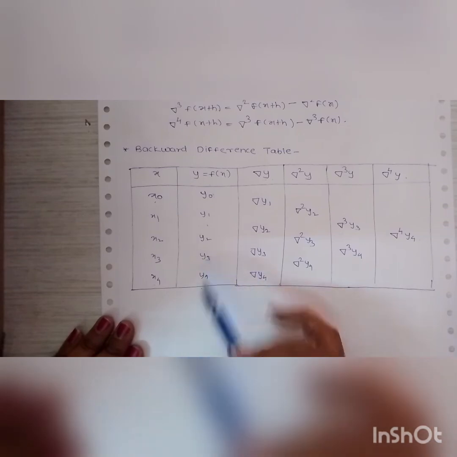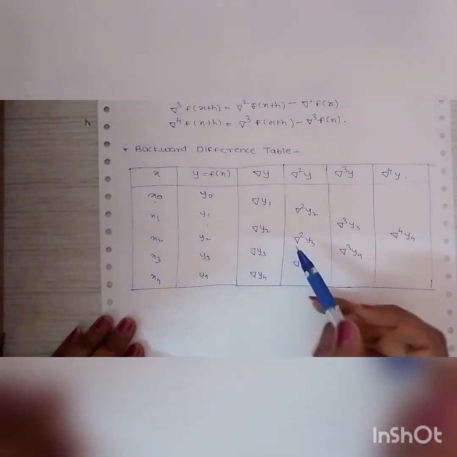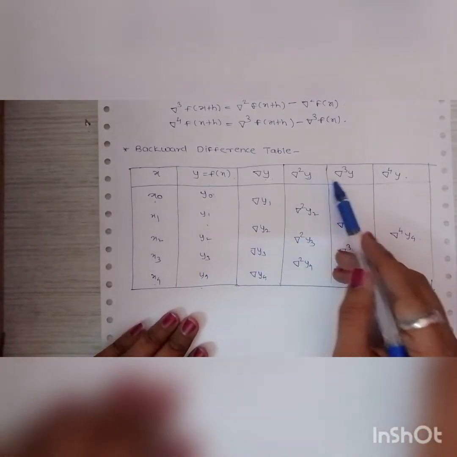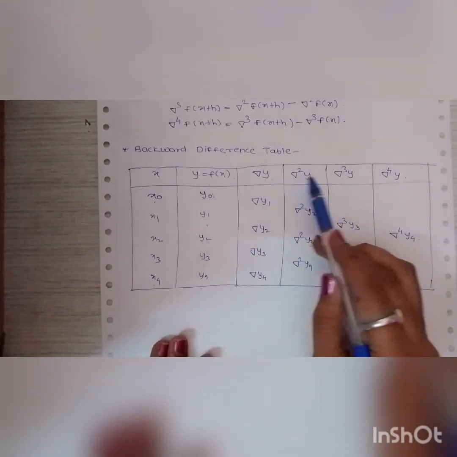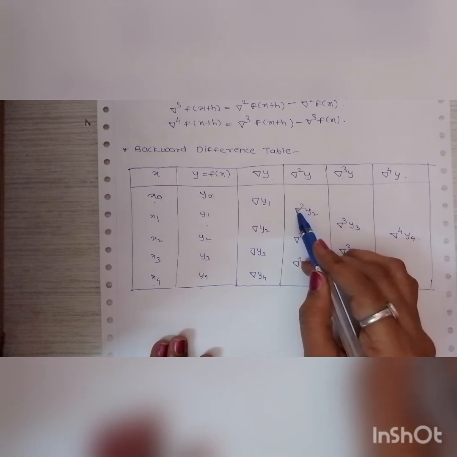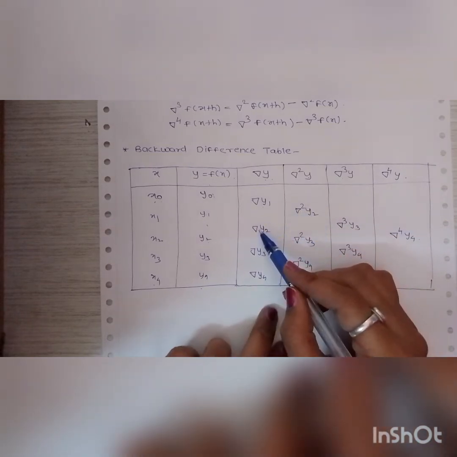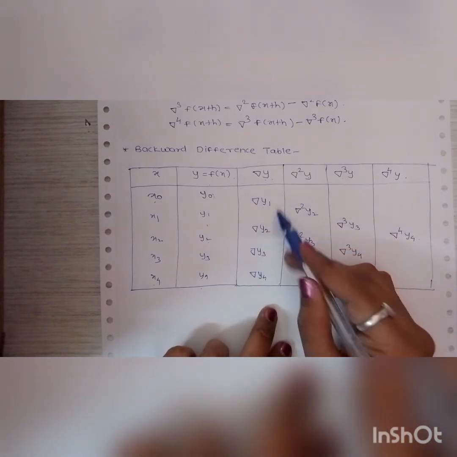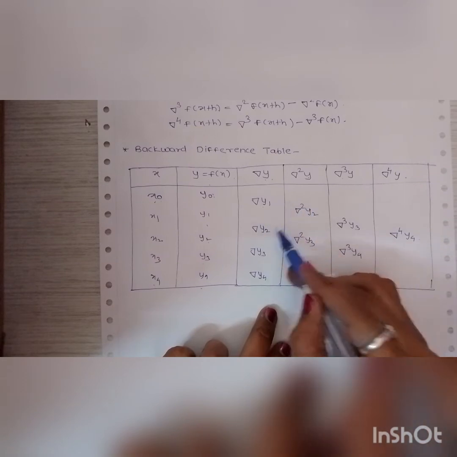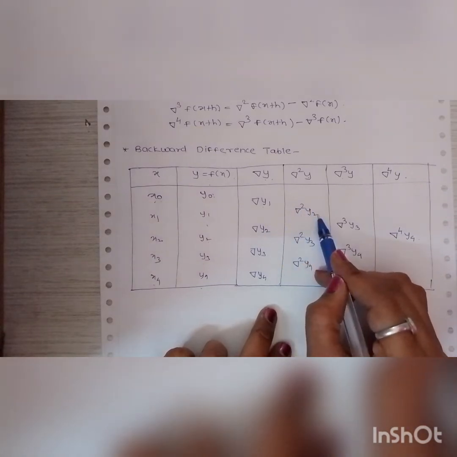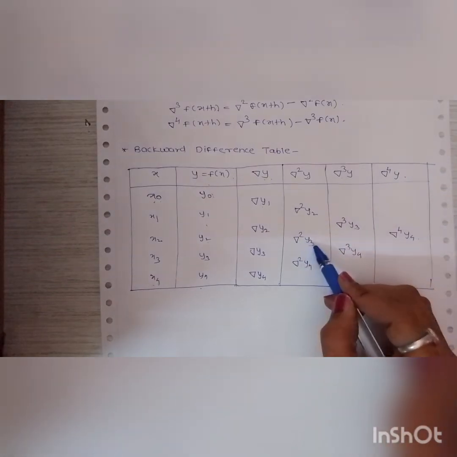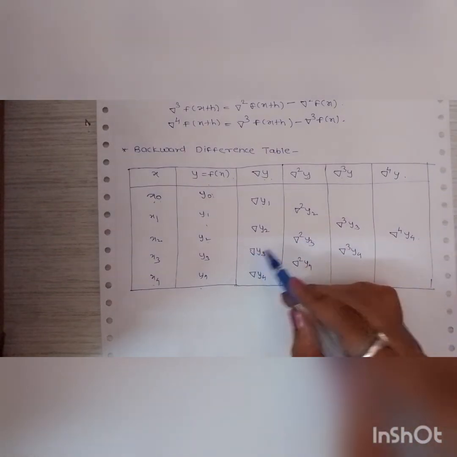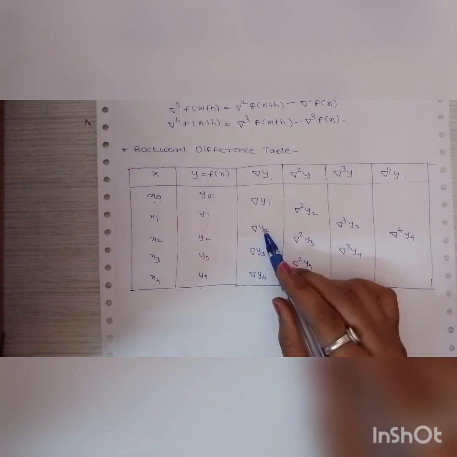y4 minus y3. Next, from del y we can calculate del square y, that is del square y2, this is del y2 minus del y1. From these two values we find del square y2, and next we find del square y3, that is del square y3 is equal to del y3 minus del y2.